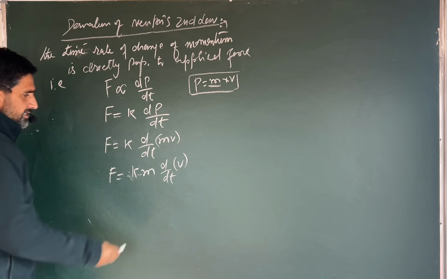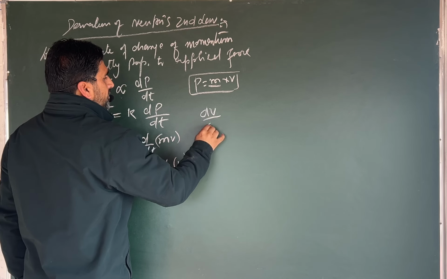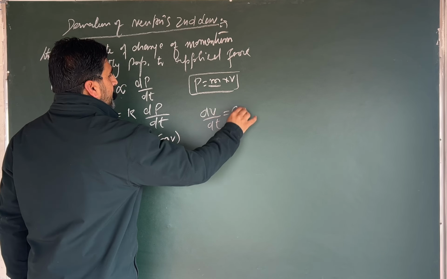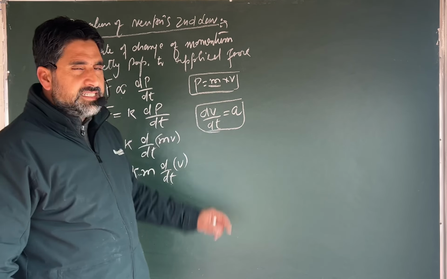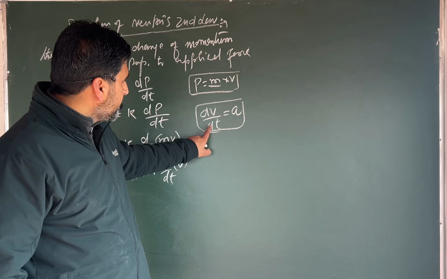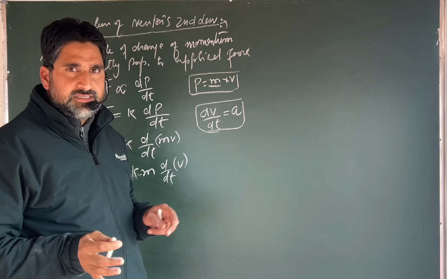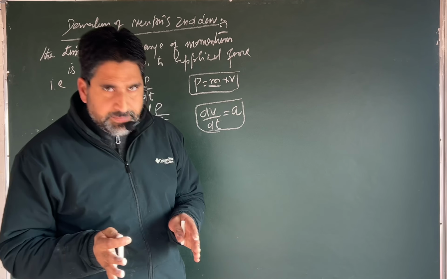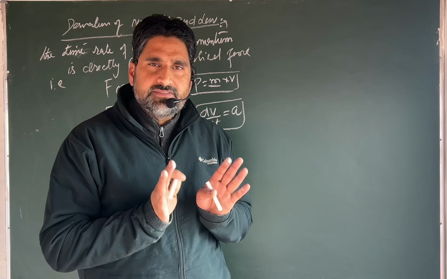Now this d by dt of v, the rate of change of velocity, gives acceleration. As you know, dv by dt is the time rate of change of velocity. The change in velocity is known as acceleration. You must remember this. When there is change in displacement, then there is velocity.